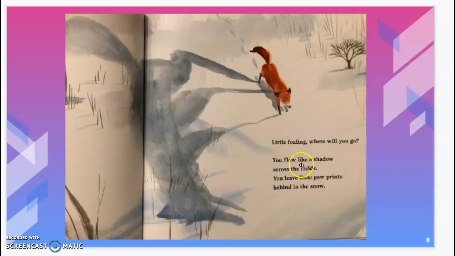So as the writer is writing that, the illustrator is making sure that the picture matches what the words say. This is what he looks like as he is looking for more food. This supports the plot because it shows us the events or steps he's taking to find food.